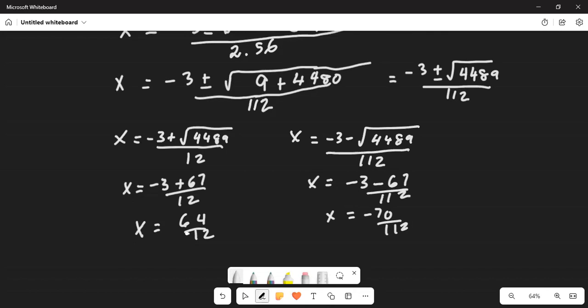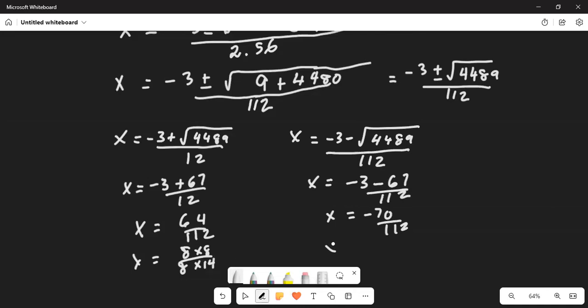If I take out the common factor, this is 8 times 8 is 64, divided by 8 times 14 is 112.